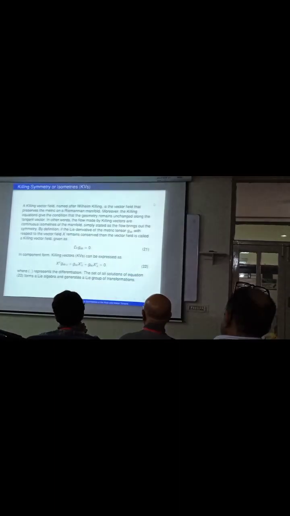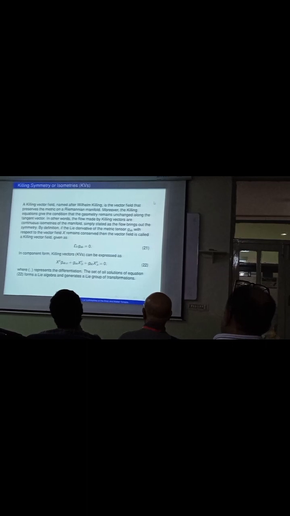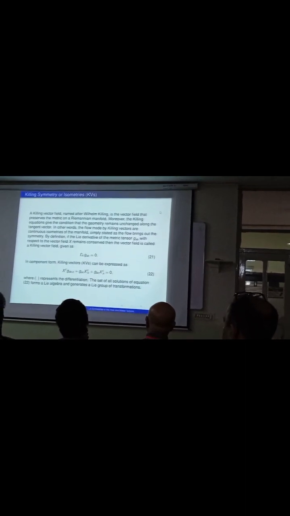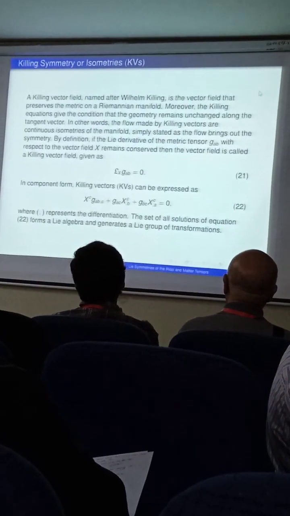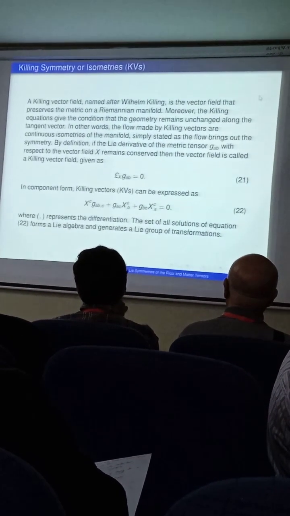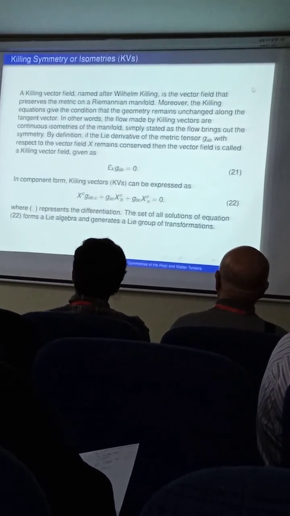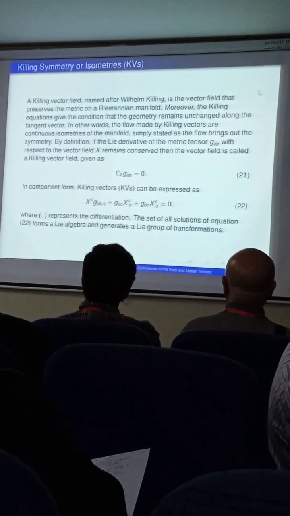Coming to particular cases, if T is the metric tensor and the Lie derivative is equal to 0, we call them Killing vectors or isometries, given by 21. In component form, this equation becomes the Killing equation. X is the vector along which the metric is conserved, or in some sense a distance-preserving mapping.